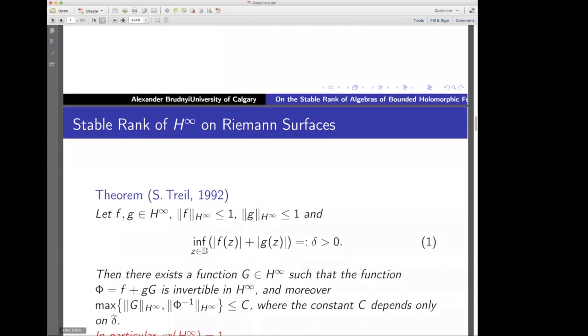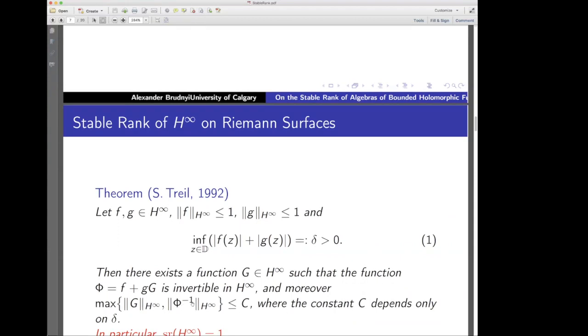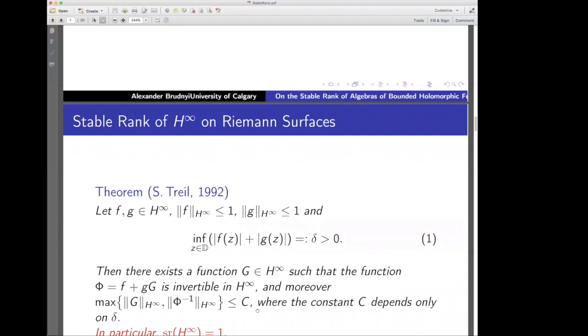And moreover, we have the following bounds: the norm of G in H infinity and the norm of the inverse of f plus gG in H infinity are less or equal to some constant C, which depends only on delta.